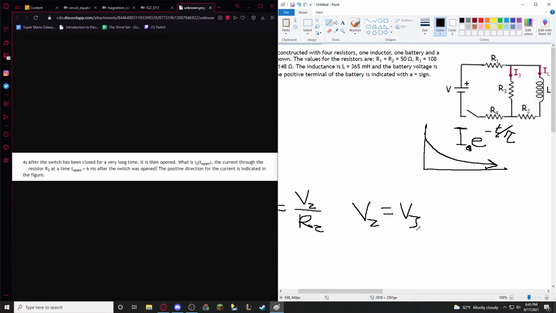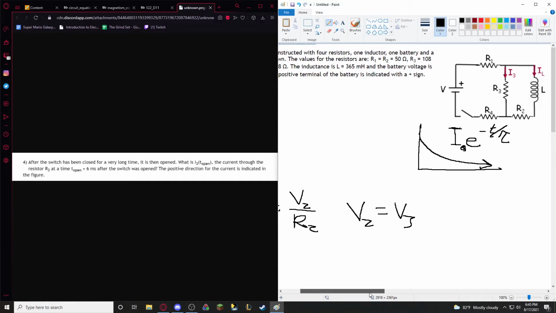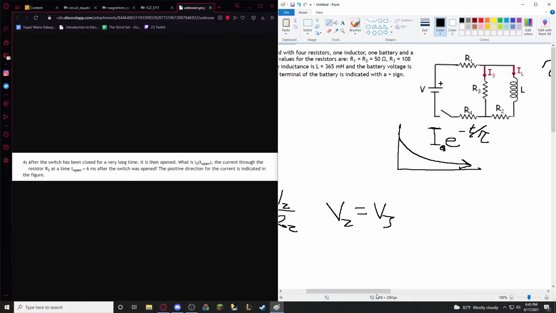Keep going. Then V3 will equal the sum of V1 and V4. Close, not quite. It's related to the sum of V1 and V4.